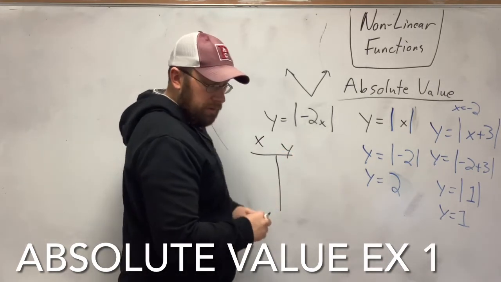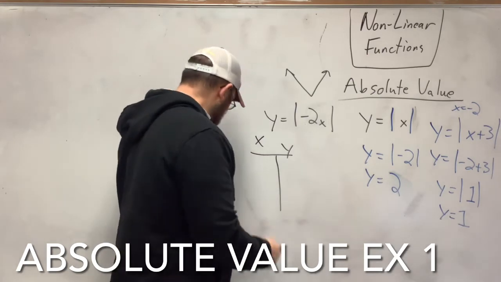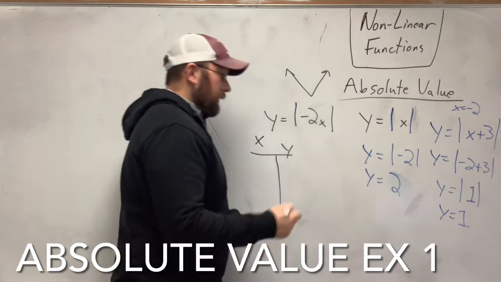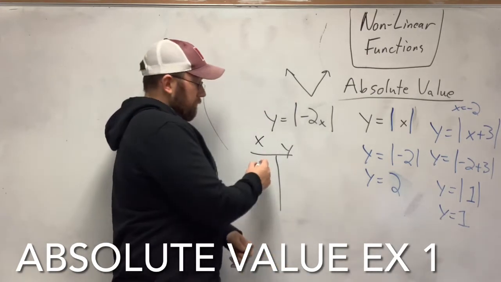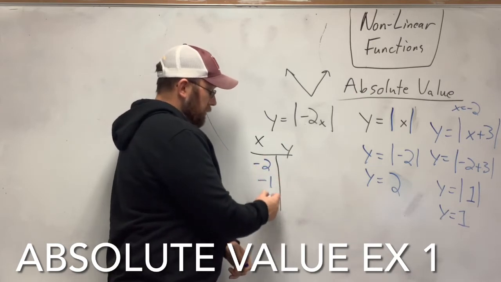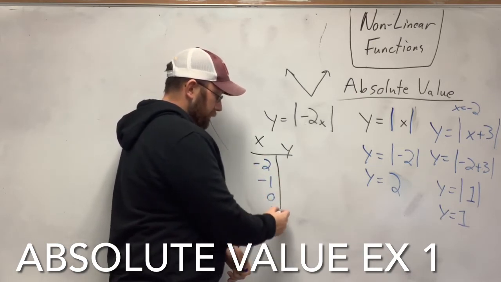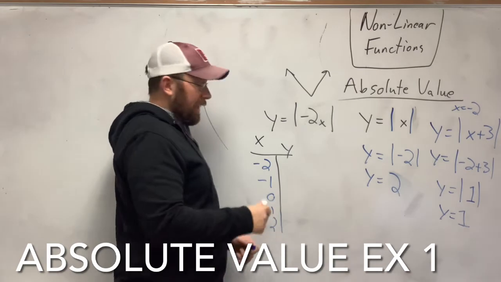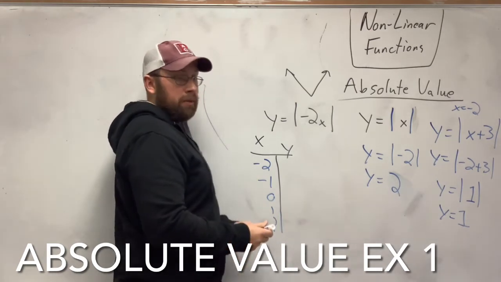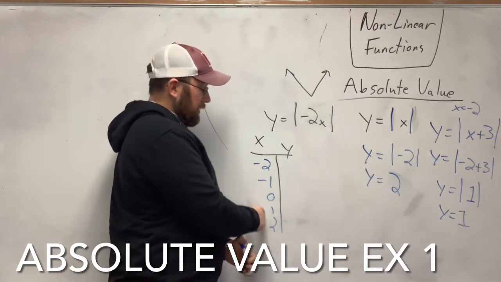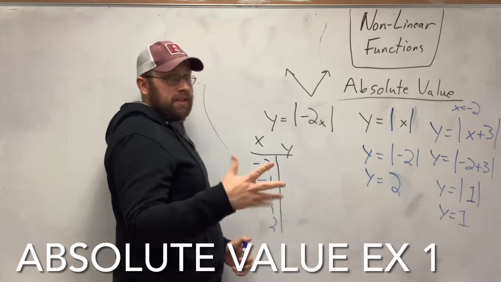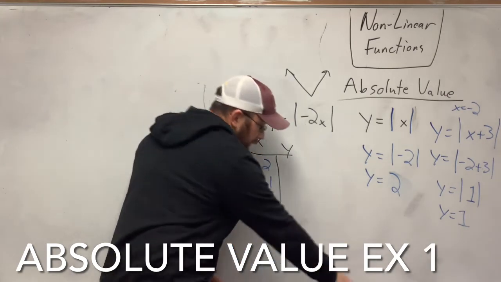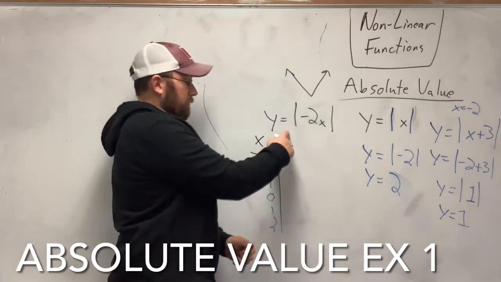I always use the same exact points for everything. I just always use these 5 points. And as I go through this and other lessons, these will be the ones I almost always use. -2, -1, 0, 1, 2. I like them on both sides of the y-axis. All right? So now I plug these in.